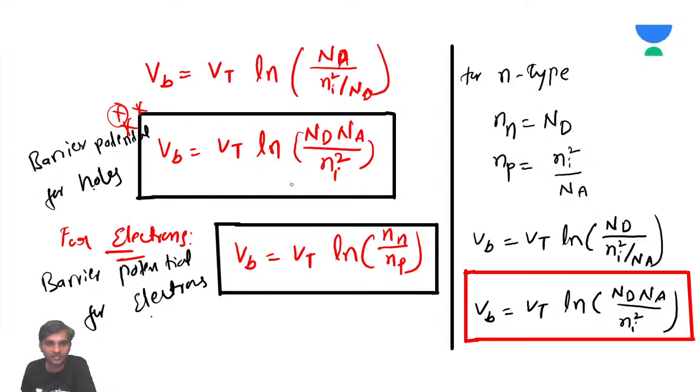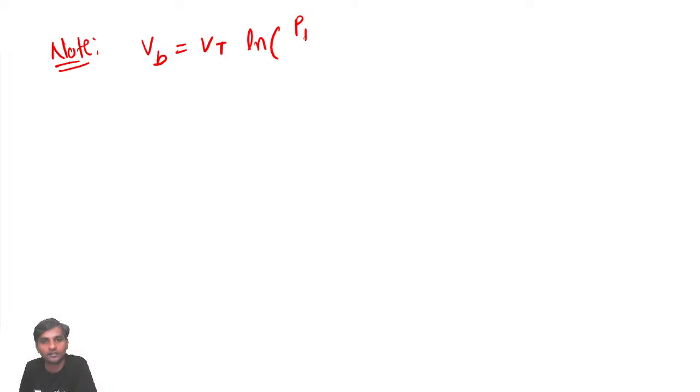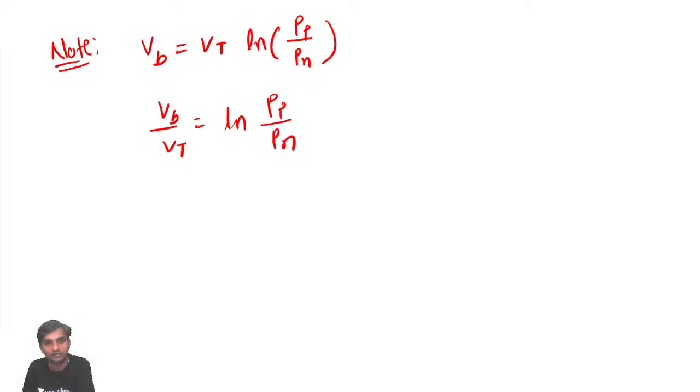So from this formula, we know that Vb is equal to Vt into natural logarithm of Pp by Pn. Can I write this is going to be Vb by Vt is equal to ln of Pp by Pn. So from this, can I write Pp is equal to Pn into.